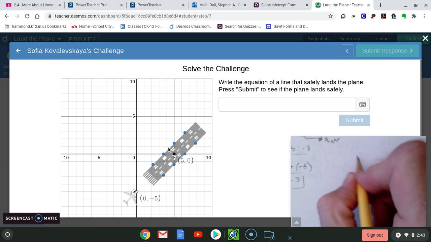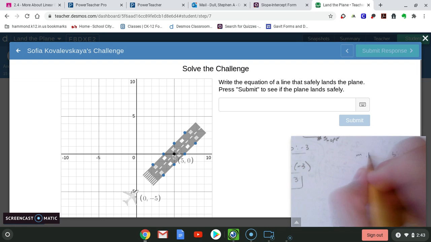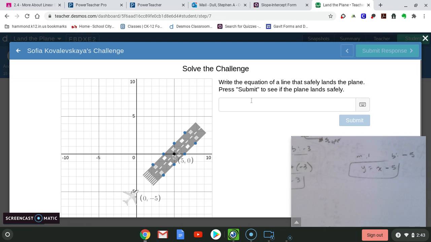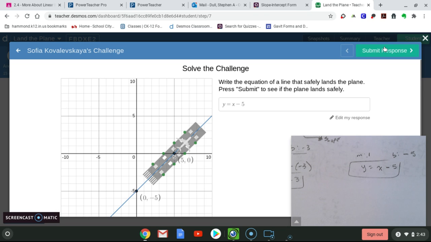So this slope value is 1. So y equals 1x minus 5. Okay, so let's give that a shot. y equals x minus 5. And we submit that, and hey, the plane lands.